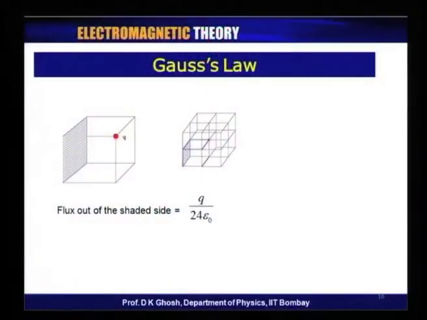But I am not interested in calculating flux out of the entire 2A by 2A face. I am only interested in my original face. So, this original face now, you notice, is 1/4 of one of the faces here, and there is perfect symmetry there as well.